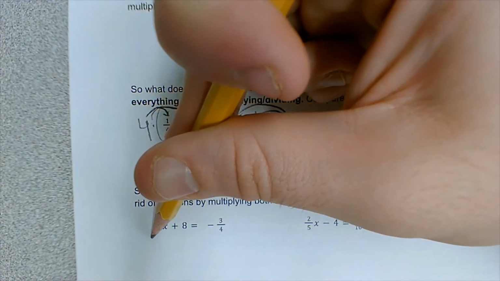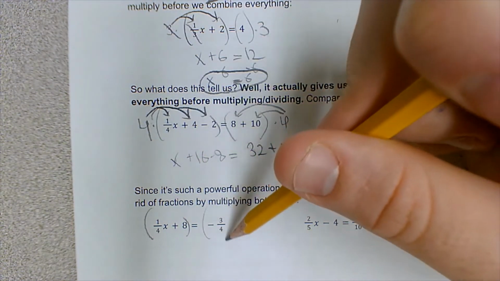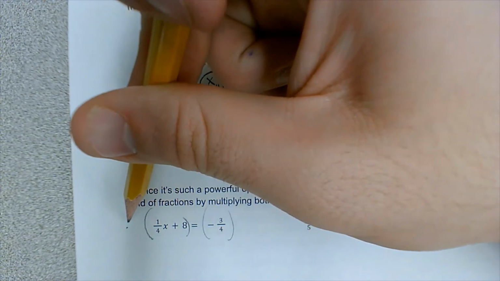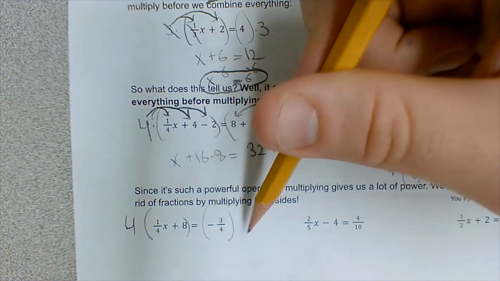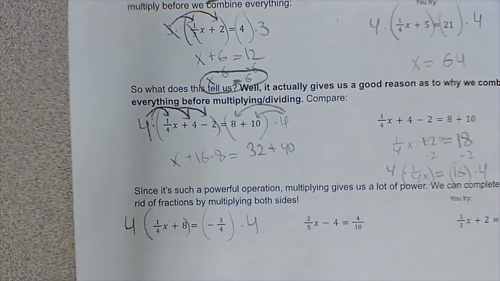So in my first question, I have 1/4 x plus 8 equals negative 3/4. If I multiply both sides by 4, I won't have to deal with any ugly fractions like 1/4 or negative 3/4.